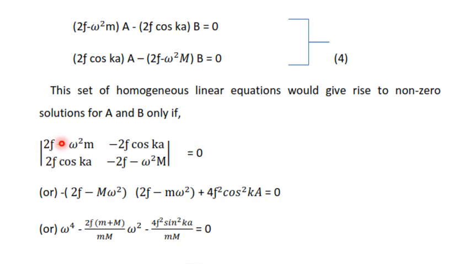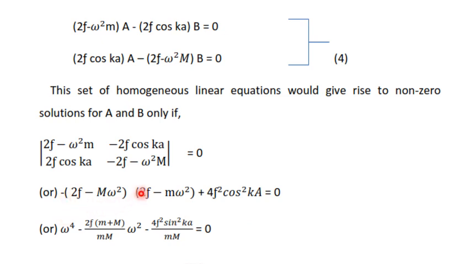Now you multiply these two terms and you multiply these two terms, and when you solve it you will get minus 2f minus m omega square into 2f minus capital M omega square, minus 4f square cos square ka. When you subtract this, this term becomes plus. Therefore, 4f square cos square ka is equal to 0.